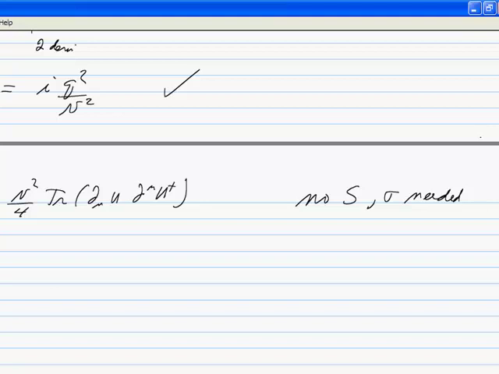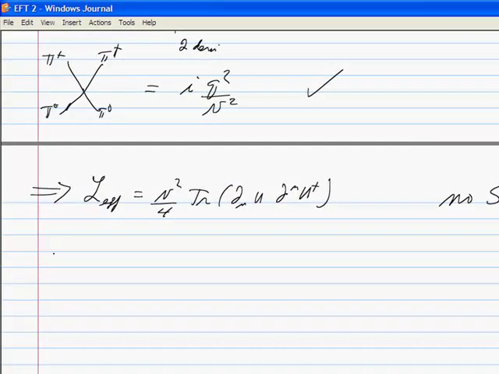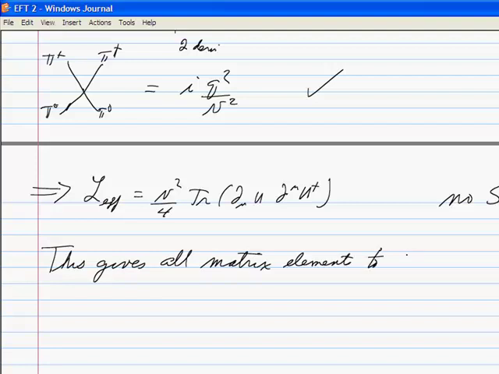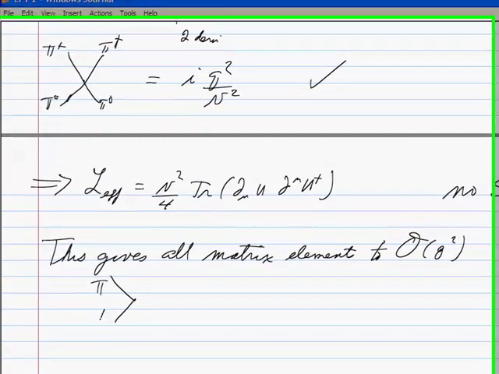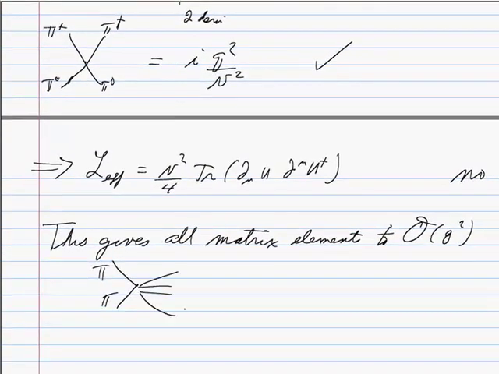The other thing that you could do with this is that this gives all matrix elements to this order, to order q squared. Okay, so if you wanted to do pi goes to 4 pi's, or other stuff, this would also do that.